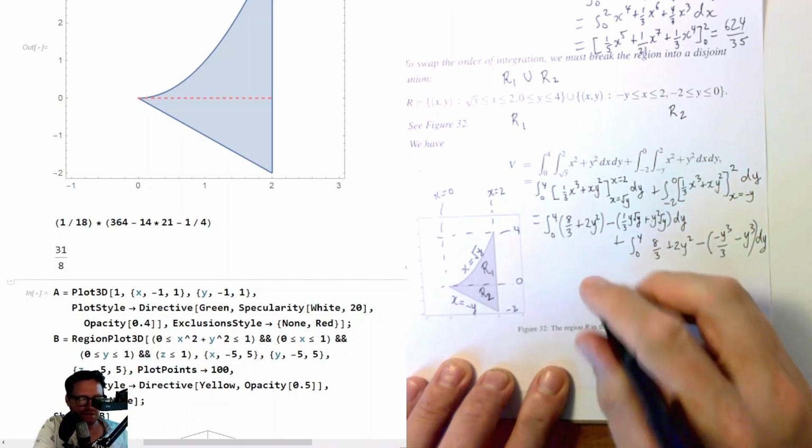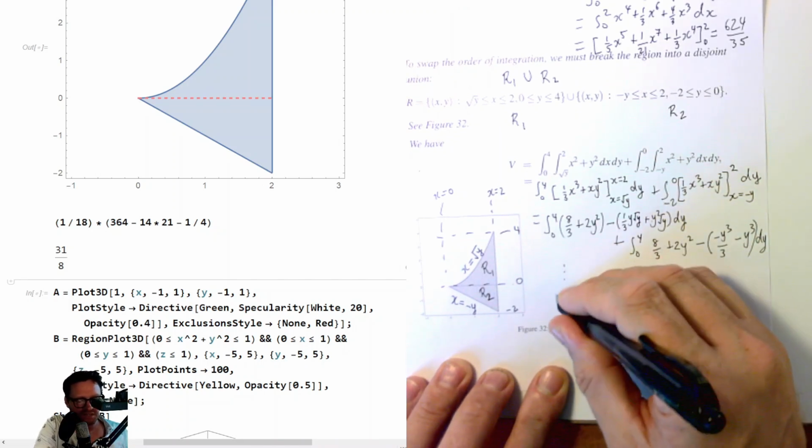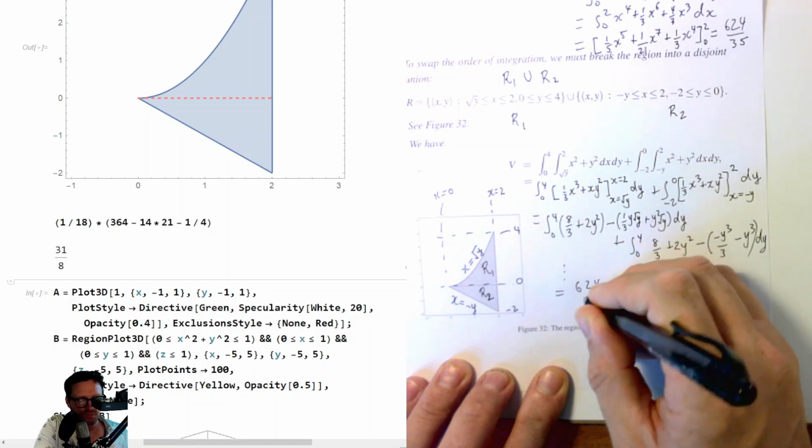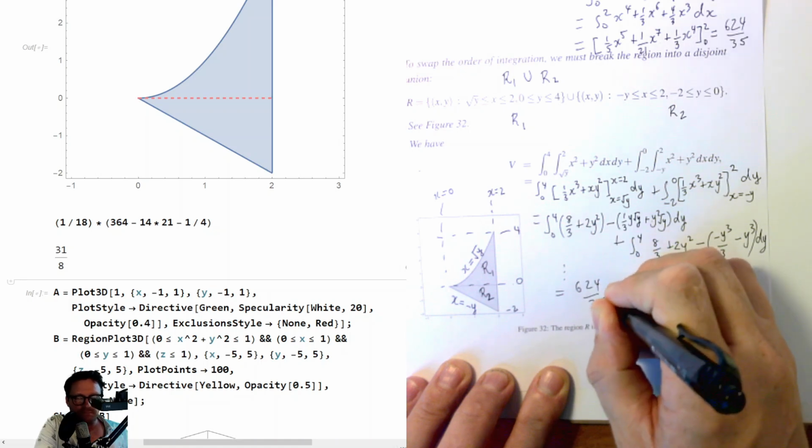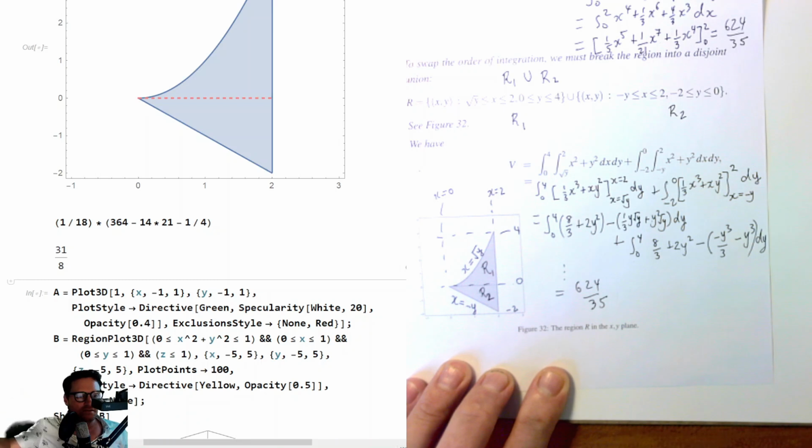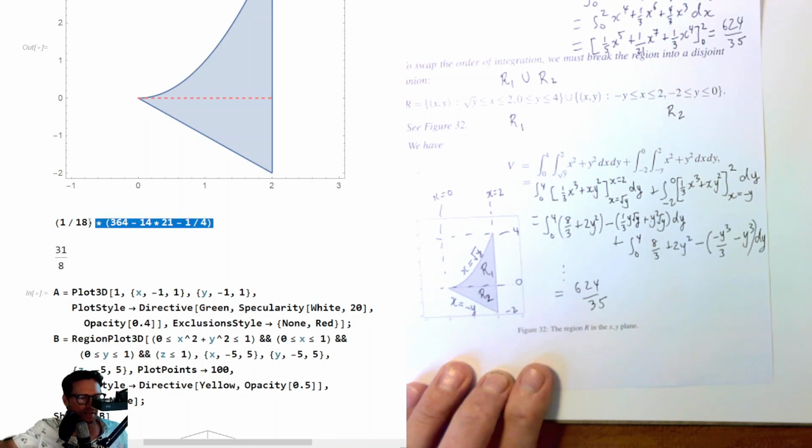Okay, and so simplify this, you're going to get 624 over 35 again. Should we just double check? Let's get the machine to double check.